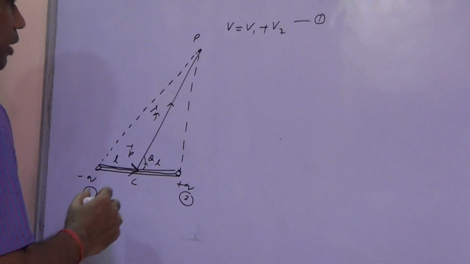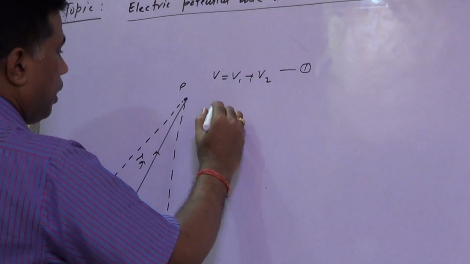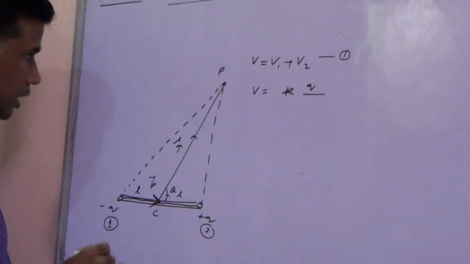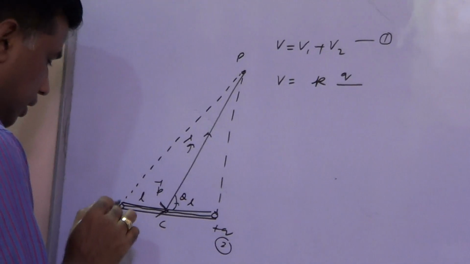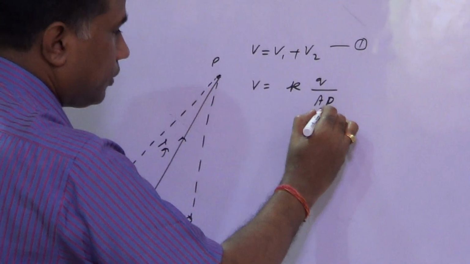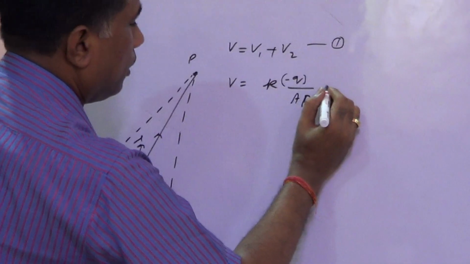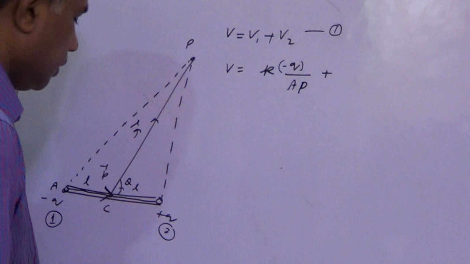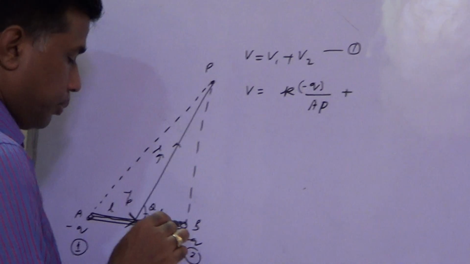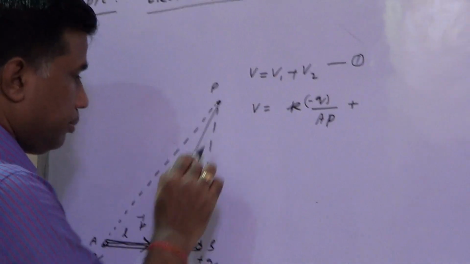Now, to find potential V1 due to charge minus q at point P, we will apply the formula kq by r, where r means distance. The distance of point P from charge minus q is AP, so I will write AP. The sign of this charge is negative, so I will write a minus sign. Now this plus charge, suppose this point is B. The distance of charge plus q at point B from point P is BP.